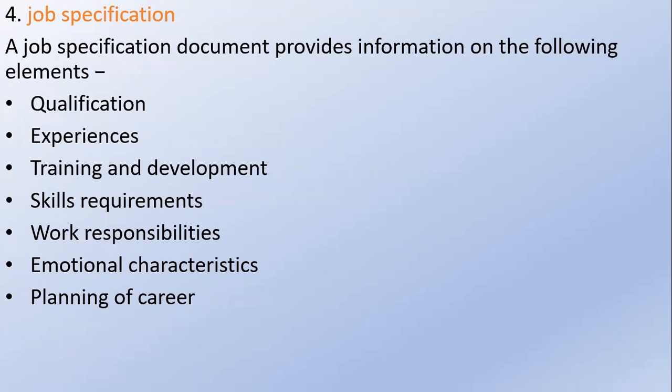Next is job specification, right? In planning, this is the fourth step. It is a document which provides information on the following elements: qualification of the person they are looking for, the experience of the person, what training and development they are providing, what skills are required to handle this particular position, what the work responsibilities are, who will be his authority, to whom he needs to report, everything will be mentioned.